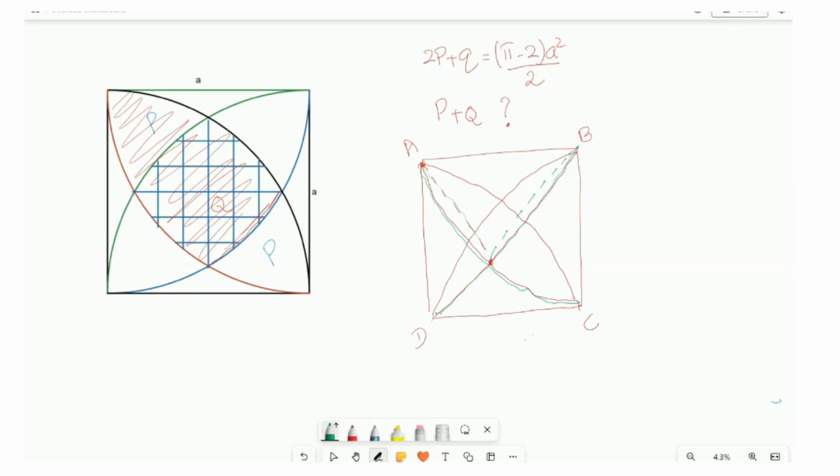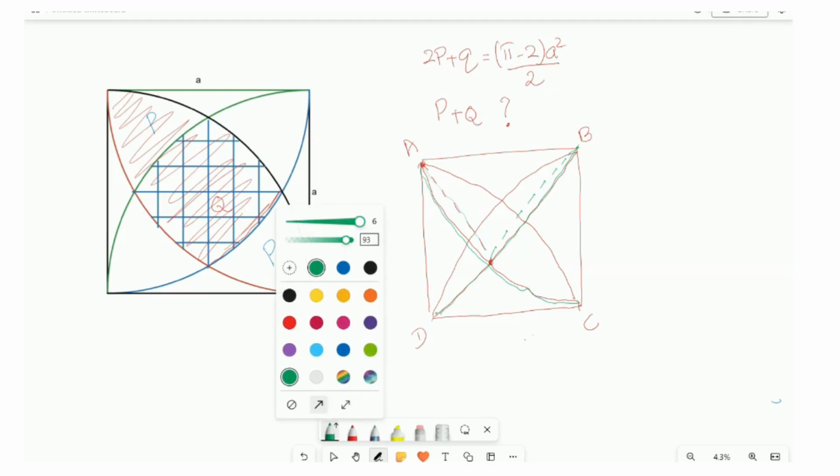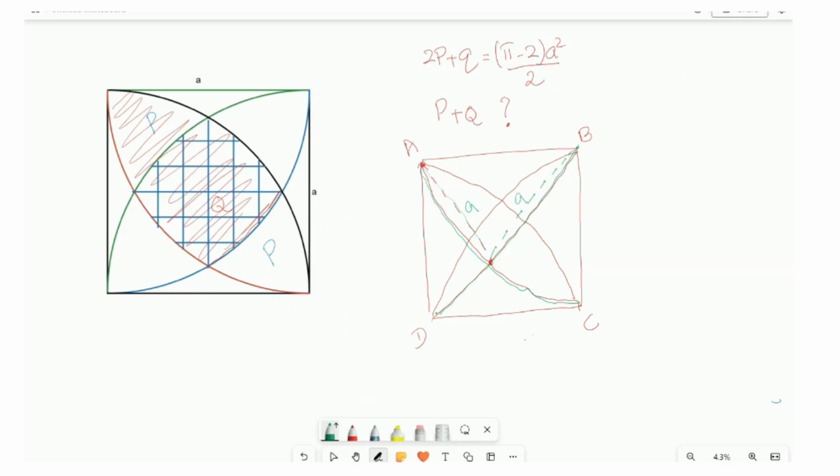So we know that both circles have the same radius, so therefore this is A, this one is A, this one is A, and also AB we already know it is A. Now I am going to find that area.